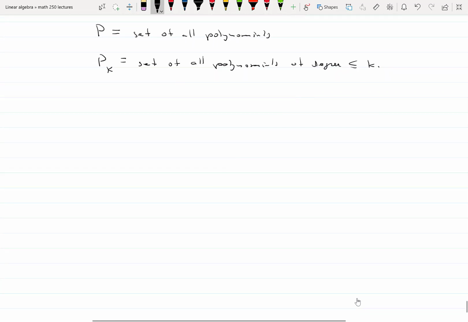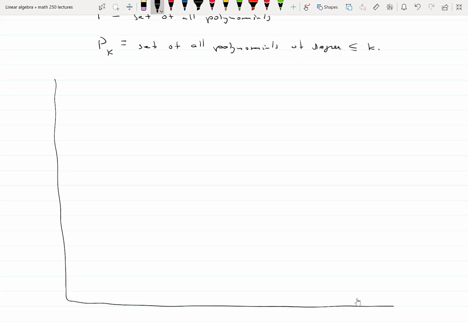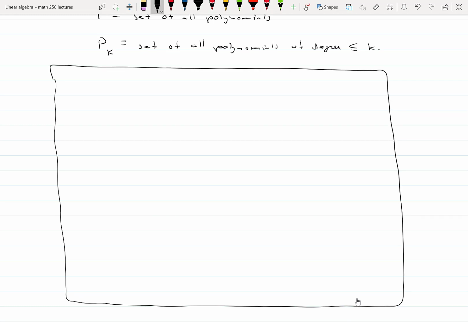I would like to give you an idea of where these sets lie in relationship to one another. Here's F, the set of all functions defined on the interval AB.